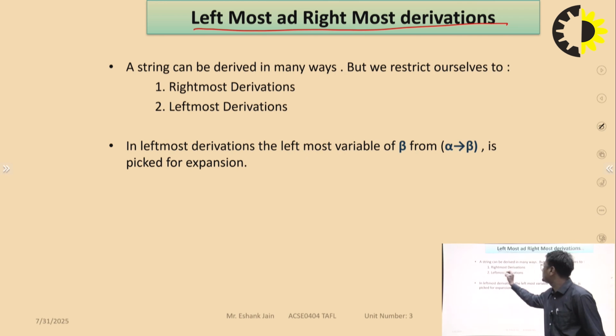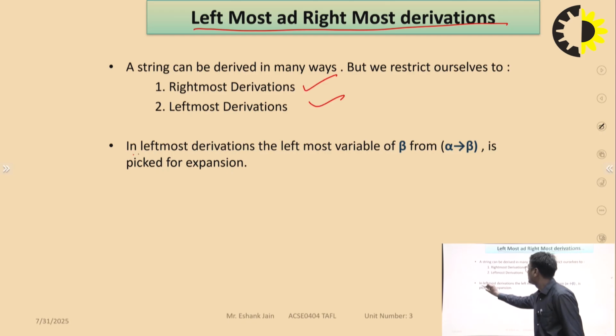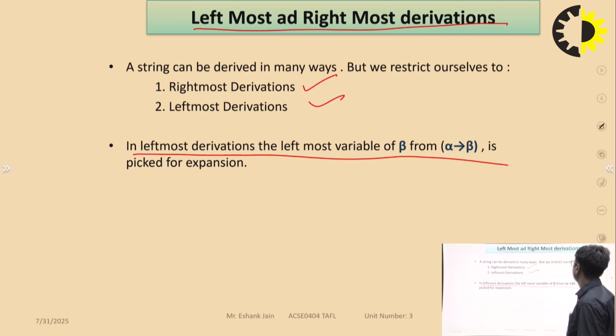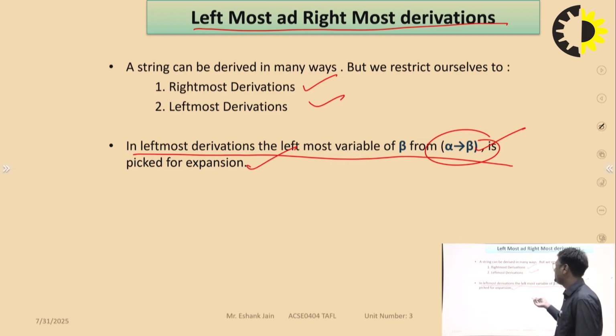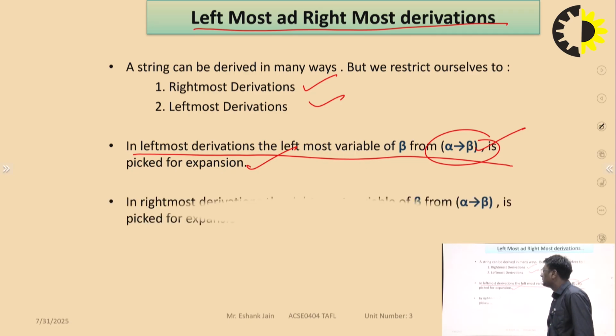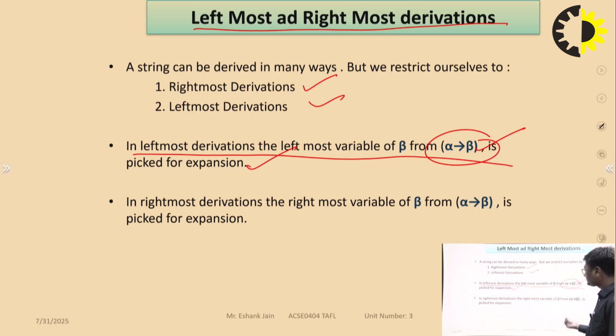In leftmost derivation, the leftmost variable of beta, on the right side, is picked for expansion. Means we pick the leftmost variable at the right side of the production. In rightmost derivation, the rightmost variable of beta is picked.